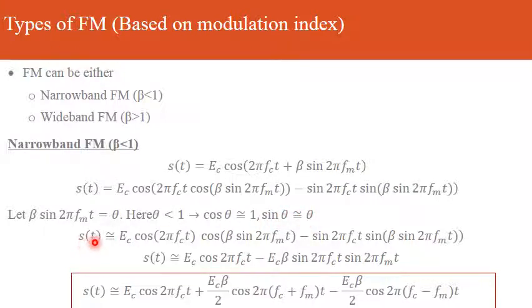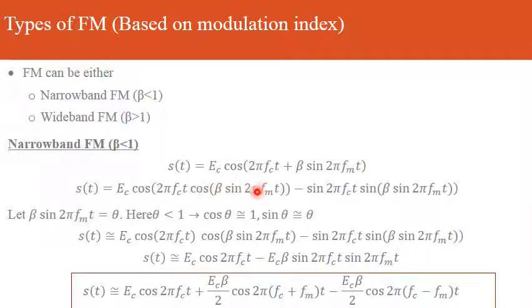So s(t) can be written as Ec cos 2π fc t cos(β sin 2π fm t) minus sin 2π fc t sin(β sin 2π fm t).